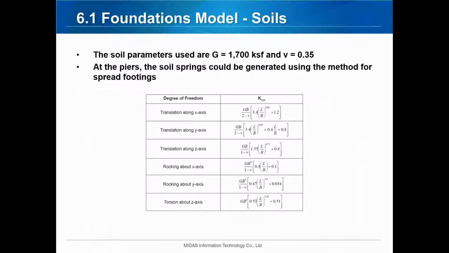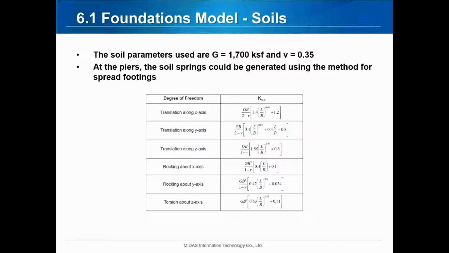And so for our foundation model regarding the soils, our soil parameters that we used were G of 1700 KSF and a nu of 0.35. And at the piers, we could do two things.